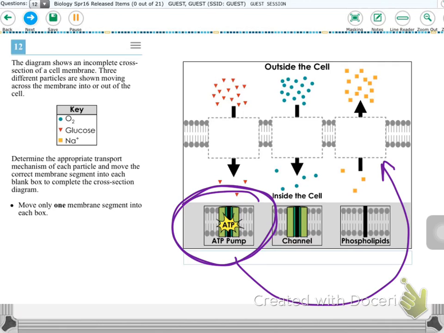But glucose is a fairly large molecule. It's C6H12O6. It can't just go through the wall. Small stuff can just go right straight through the wall. Glucose actually needs a channel to go through. So it needs a door in the cell. It doesn't have to be a door that has any energy to take it someplace, but it's going to have to be a door in the cell.